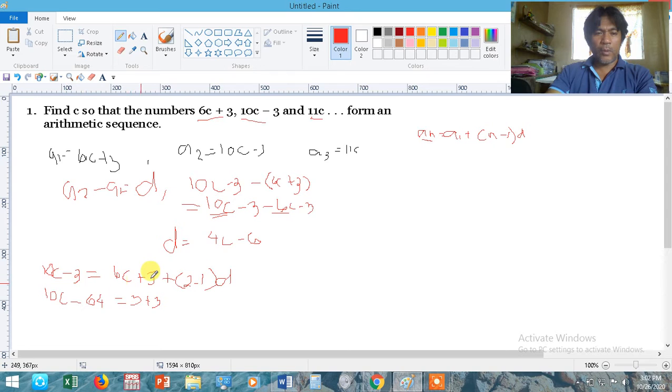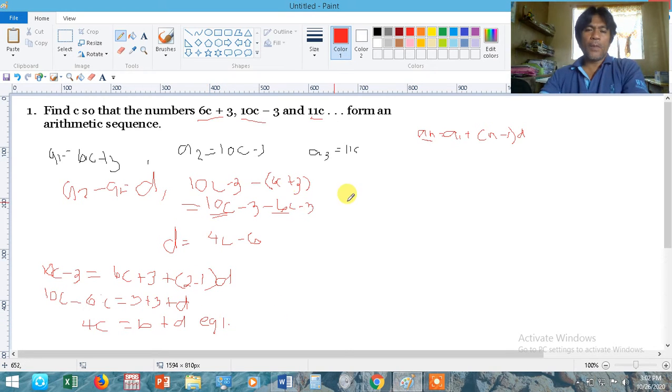This one will become positive, and 1 times D equals D. So overall we have C here. 10C minus 6C will give you 4C, which equals 6 plus D. That will be our equation number 1.